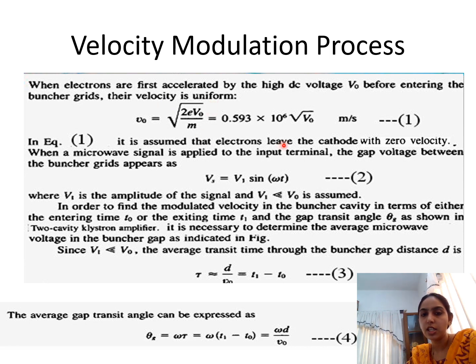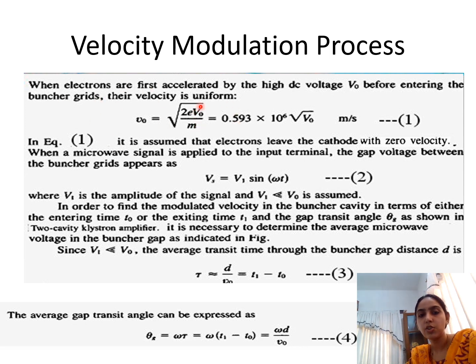The electrons leave the cathode with zero velocity once thermally heated, but they are subjected to very high DC voltage and then acquire kinetic energy, and this potential energy is equated to kinetic energy to get such an equation.